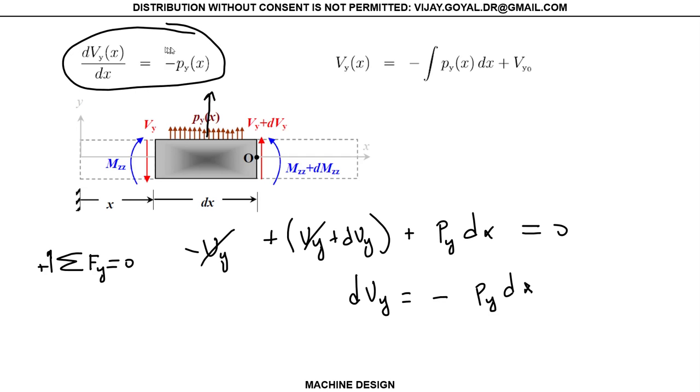That means that if I know my shear, I can find my distributed load if it was not a point moment. Otherwise, this will be 0. If I have this variation, I take the integral on both sides, and I get vy equals minus the integral of py dx, and I'm going to have a constant of integration.